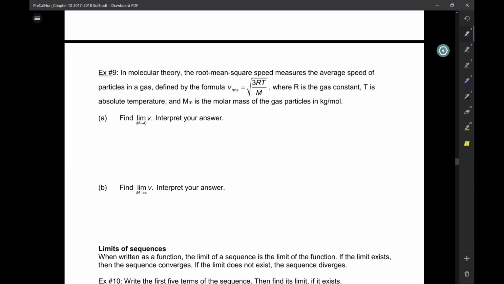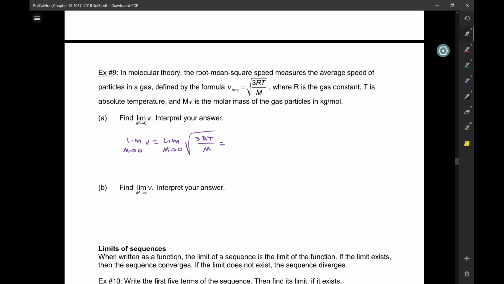Okay. Find the limit as M approaches 0 of V. So the limit as M approaches 0 of V is equal to the limit as M approaches 0 of the square root of 3RT over capital M. And what happens? If M is 0, well, it'll be what?